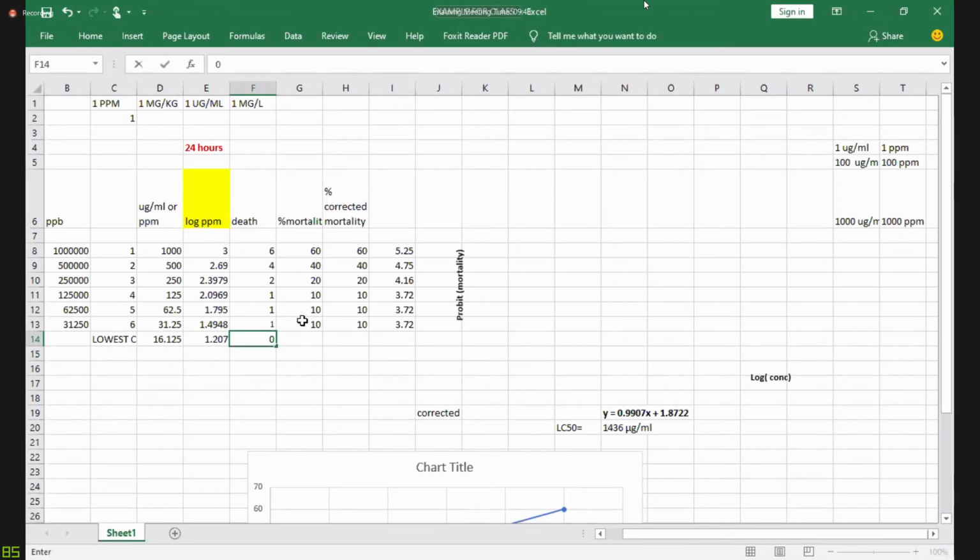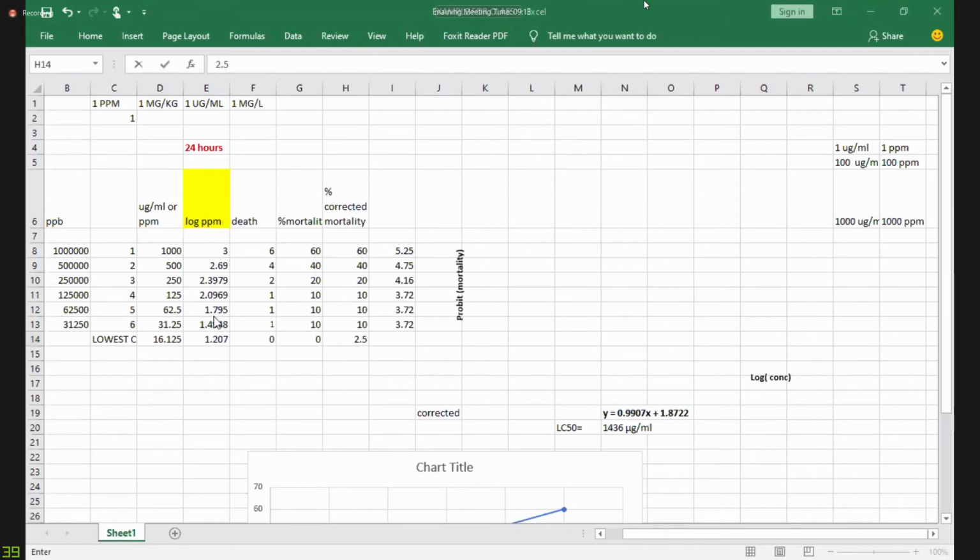So the percentage of mortality is 0%. But according to Miller and Tainter, before you transform the percentage of mortality into the probit, you have to correct the percentage of mortality. For this case, the number of animals in a group is 10. So based on the formula given by Miller and Tainter, this has to be converted into 2.5%. I think you can recall our previous slides.